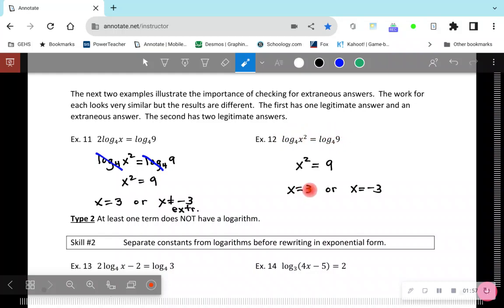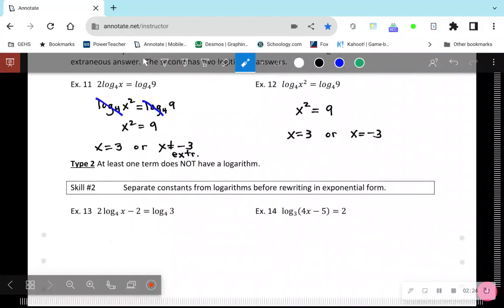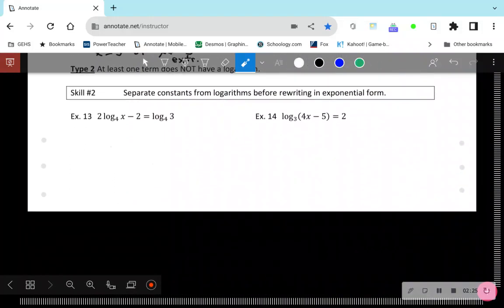So that's a legitimate answer. The negative 3 also works. So unlike the previous one that looked like the same problem, we have two answers this time instead of one answer and an extraneous false answer. So you would never know that unless you actually plugged in 3 and tried it, and negative 3 and tried it. So always check your answers for extraneous. Make sure you got the right answers, okay?